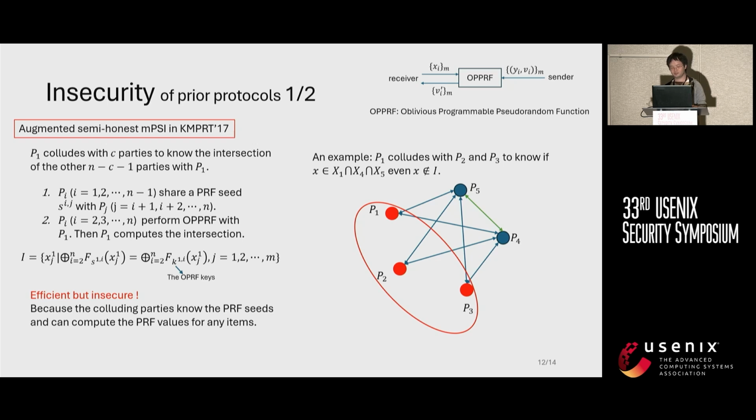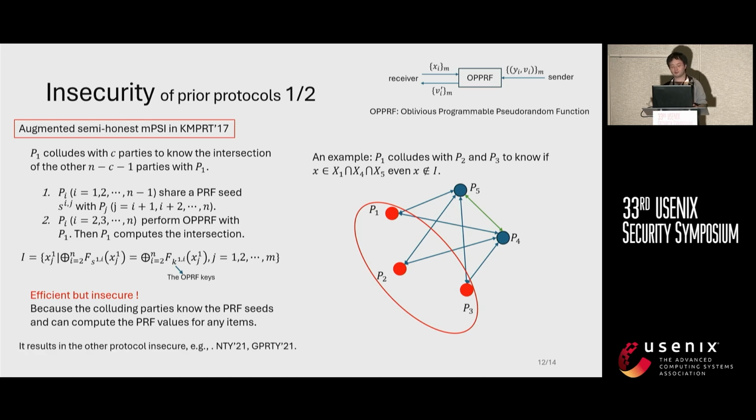So it's easy for P1 to get the intersection with P5 and P4. But X may not be in the set of P2 and P3. P2 and P3 just directly send the PRF seeds, and they cannot even join the intersection computation. So though it is efficient, it is insecure.